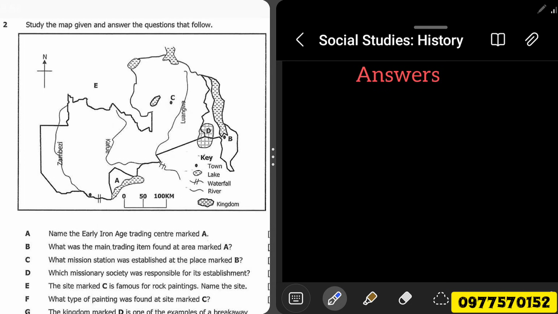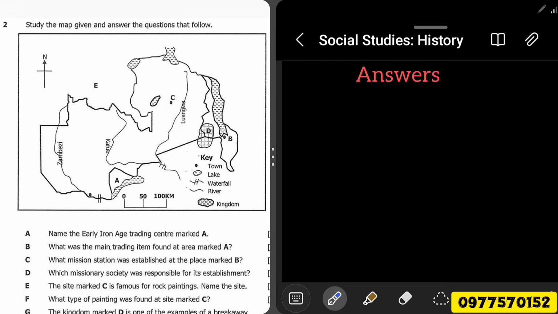Number 1: name the early Iron Age trading center marked A. If there is a map of Zambia under history, they usually ask this question, so you do well to know it.